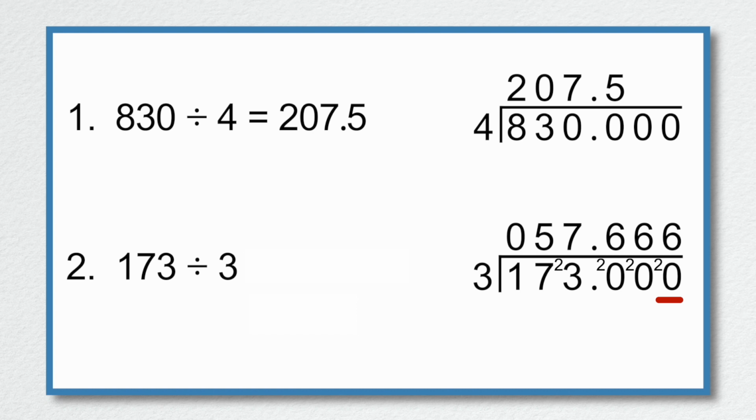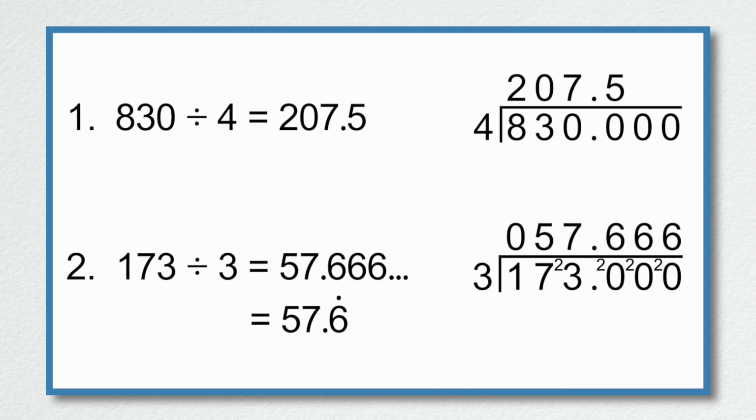So what we've done is we've created a recurring decimal. 173 divided by 3 is equal to 57.666666666. It will just carry on. And what we do with the recurring decimal is we just put a dot over the number that is recurring. So we have 57.6 with a dot over it because it's the 6 that is repeating itself over and over and over again.